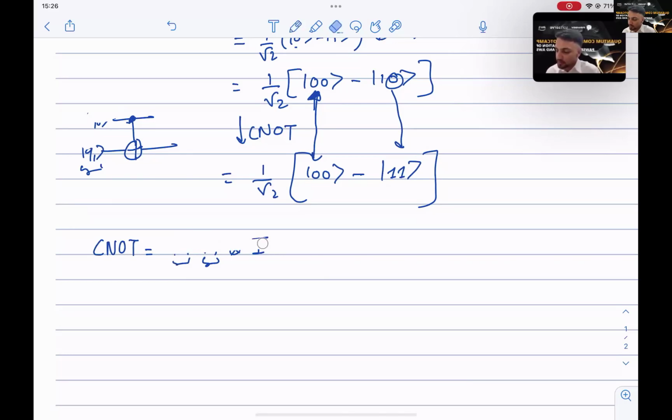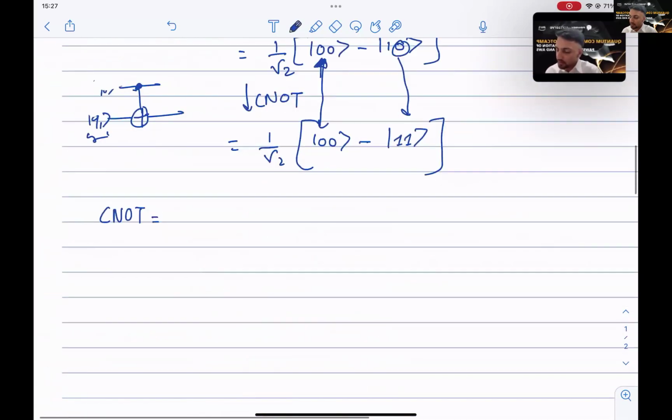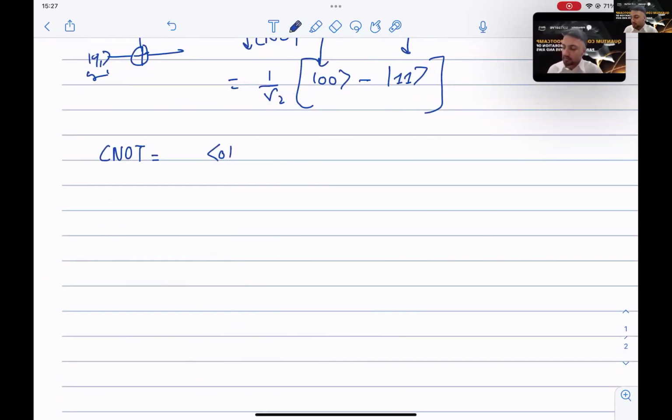Okay. So the way to construct this would be, okay, if I'm acting on something, I will write it as a bra like this. And then I'll tell, okay, C naught doesn't do anything on the first qubit, leaves it unchanged. And the second qubit is also unchanged. Okay. Plus, if the first qubit is in the state 1, like this, then I'm going to apply X on the second qubit.